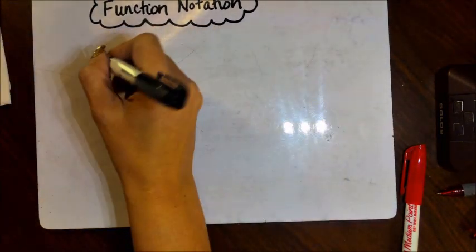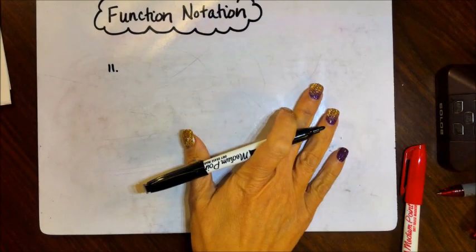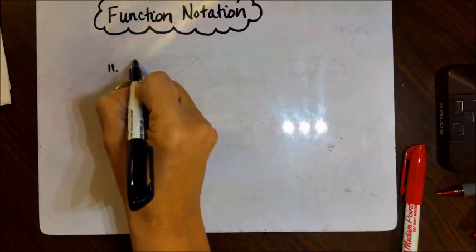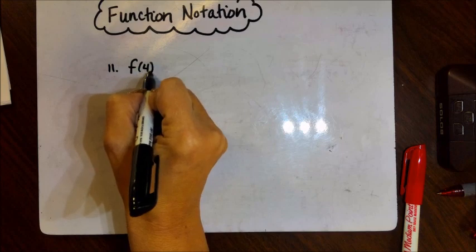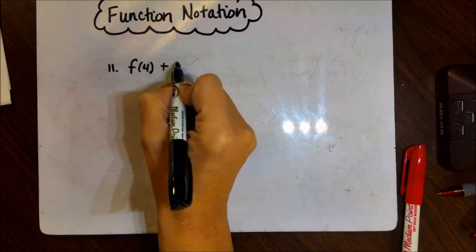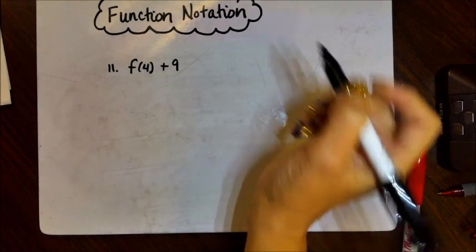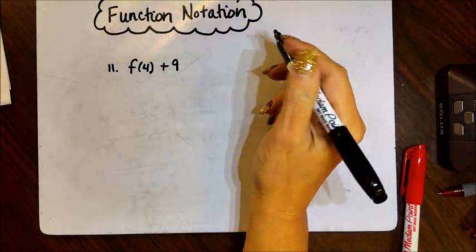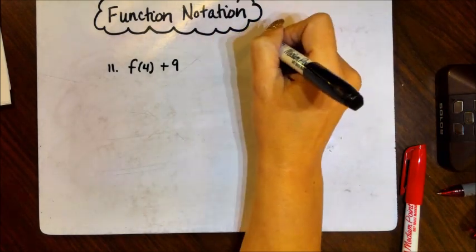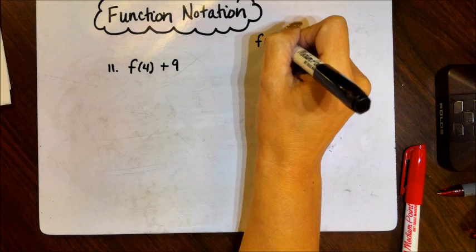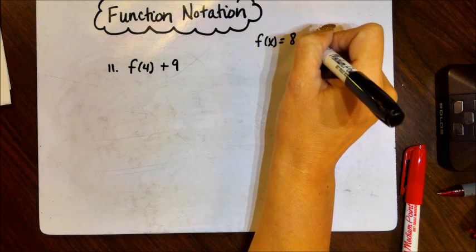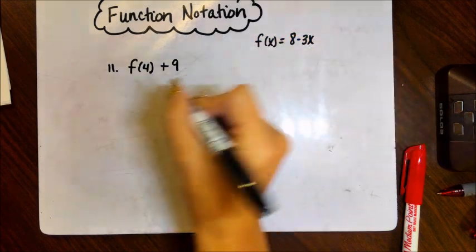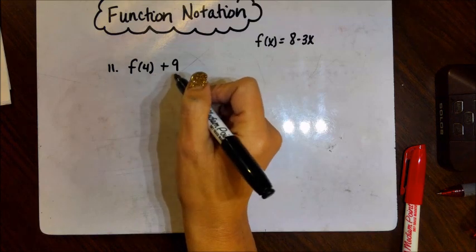All right, so let's take a look at number 11. Because again, number 11 is a little bit different. F of 4 plus 9. Okay, so for questions 11 through 16, use the functions at the left. So it says f of x equals 8 minus 3x. And then it says I need to take f of 4 and add 9 to it.